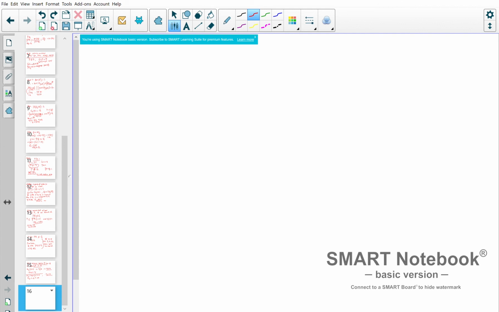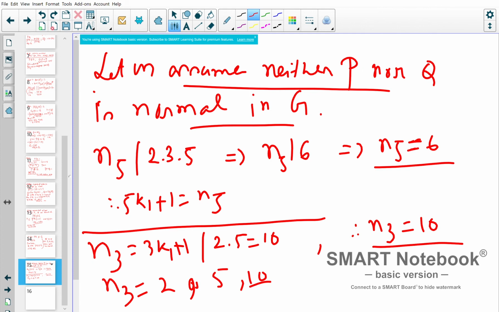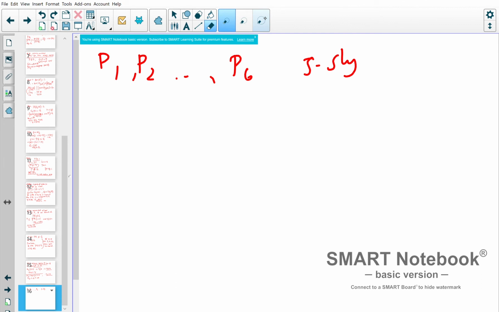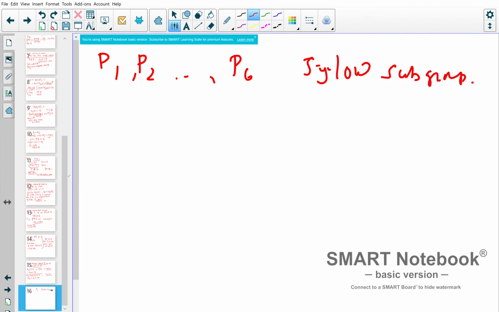Now you ask how many such elements of order 5 there are. Let me name the subgroups P1, P2, up to P6. There are 6 Sylow 5-subgroups, and the order of each is 5.